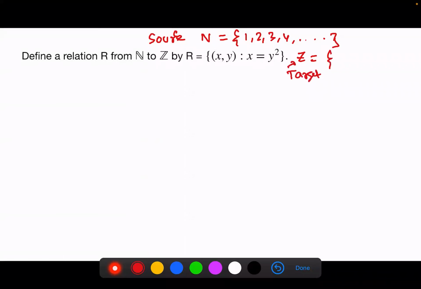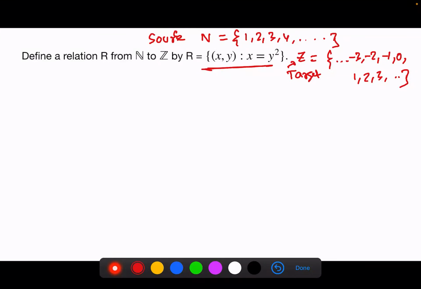So what do we have? There are many numbers now: -3, -2, -1, 0, 1, 2, 3, and so forth. Now what do I have? I have this rule: x is y square. We have seen this example earlier. So your x is from the set of natural numbers, your y is from the set of integers.